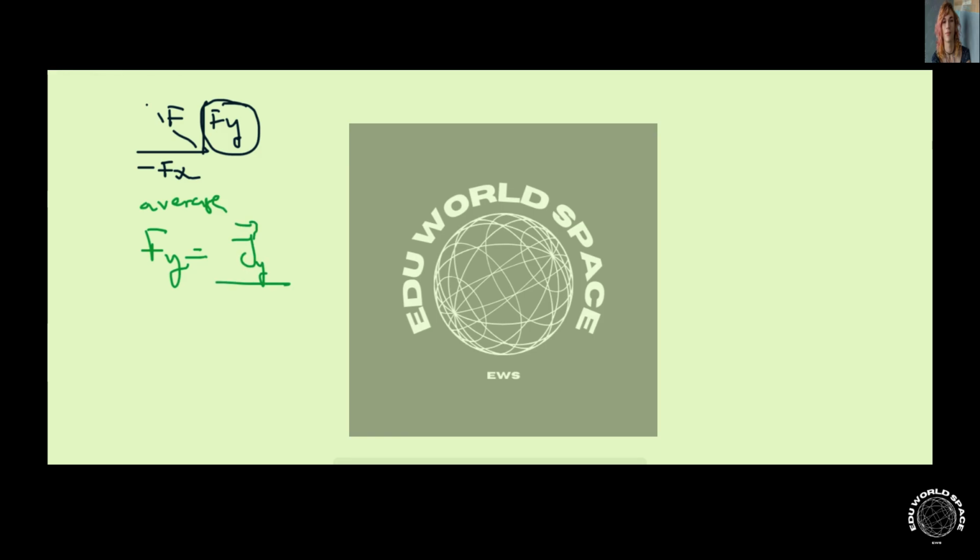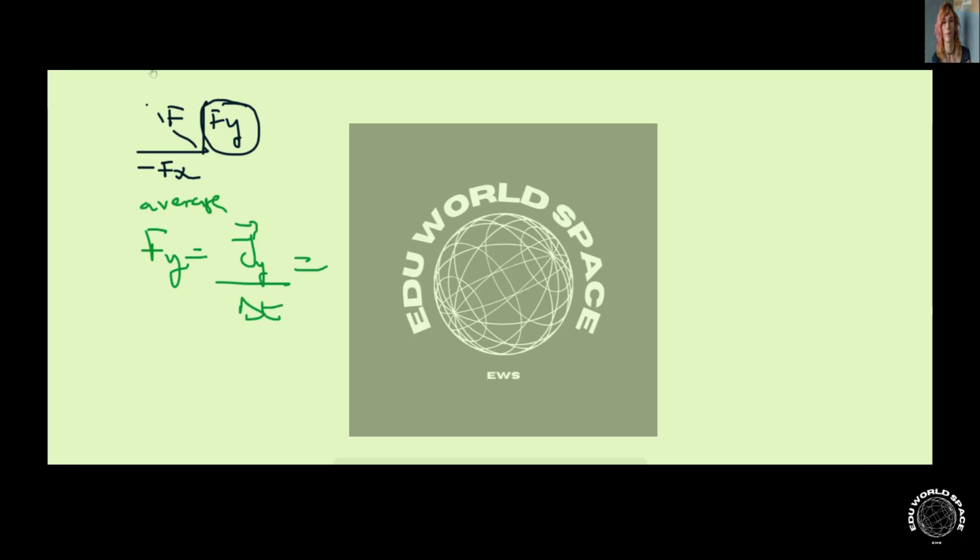We go to the next page and you can see that if we have F, this would be Fy and this would be negative Fx. So we're interested in finding that. This is an average force. The average force in the y direction is the same as the momentum in the y direction over the change in time.